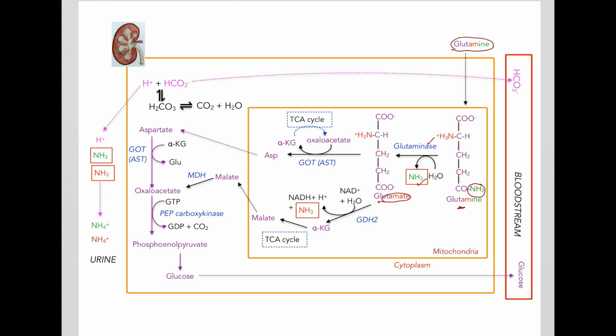This glutamate undergoes the GOT transamination reaction, which gives you aspartate. Aspartate comes out into the cytoplasm, is reconverted into oxaloacetate, which is then made into glucose via gluconeogenesis, and that glucose is sent out into the bloodstream to maintain our blood glucose concentration.